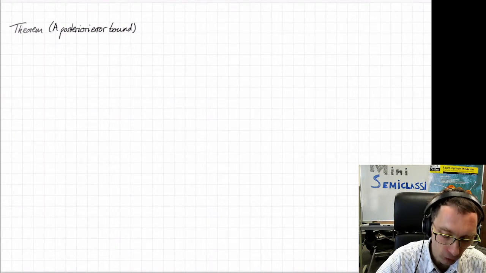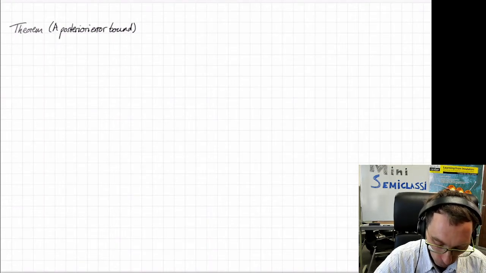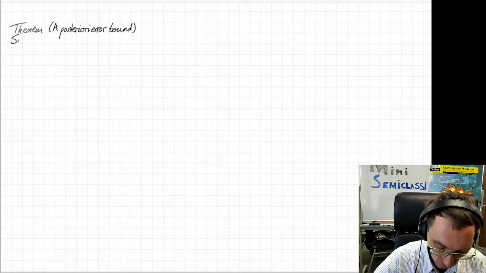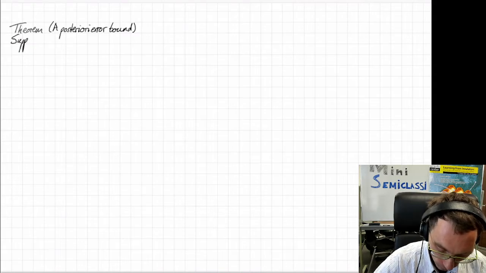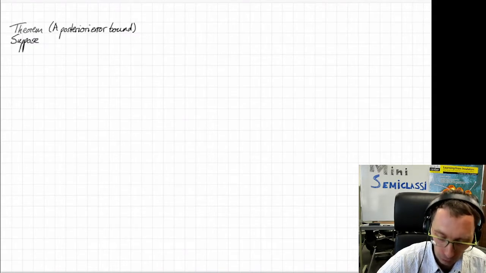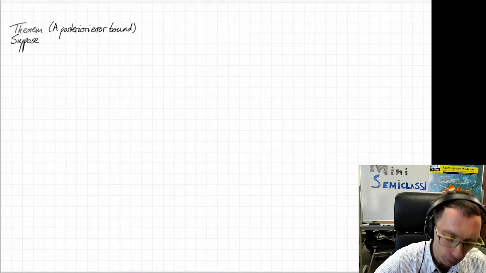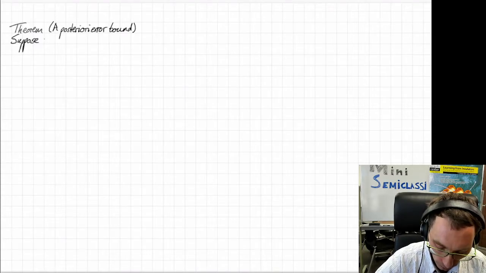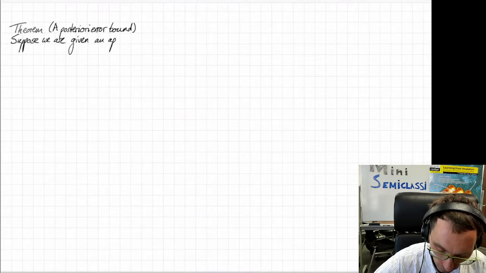So why is it called a posteriori? Well, we have to assume that we are already given an approximate solution. So suppose we are given an approximate solution.